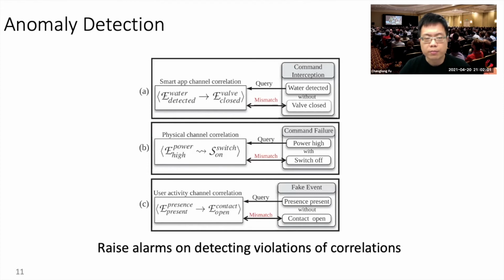And for case B, because the relay is broken, even after the switch is turned on, the heater can still consume high power. So this is inconsistent with the correlation, and there will be an alarm. And in case C, because the user is not really coming back, there will be no contact open event following the spoofed presence present event. So this is another mismatch and will cause an alarm.